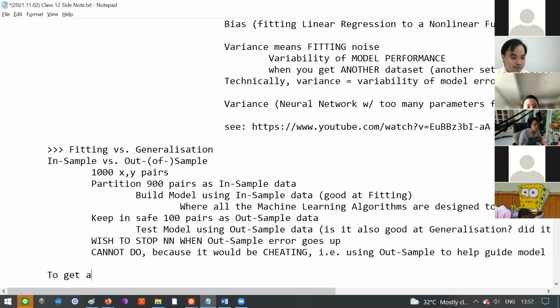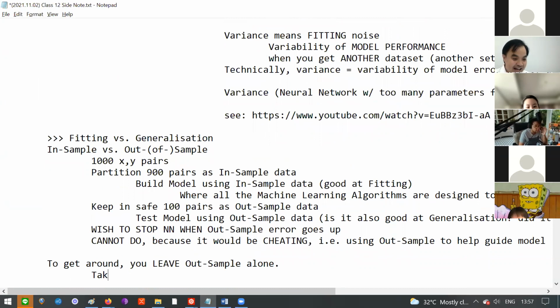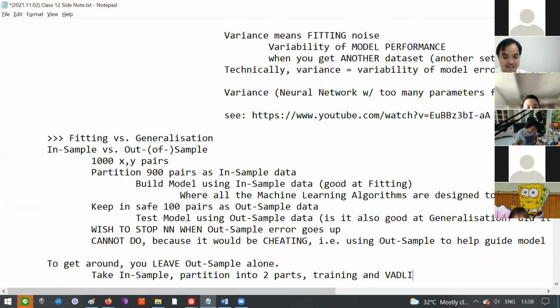To get around it, you leave out of sample alone, and take in sample and partition it into two parts: training and validation.